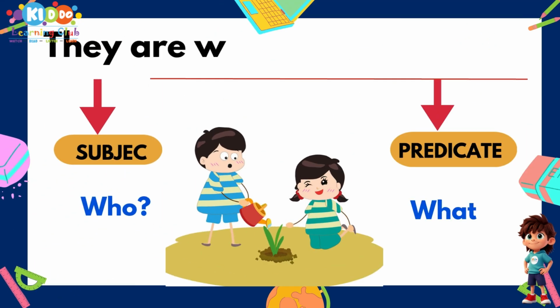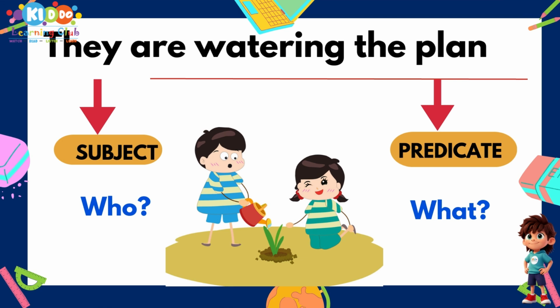They are watering the plants. Now, in this sentence, we are talking about these two children. But instead of naming them, we use a pronoun, and it is our subject. Because if we ask who is watering the plants, the answer is they, the children.